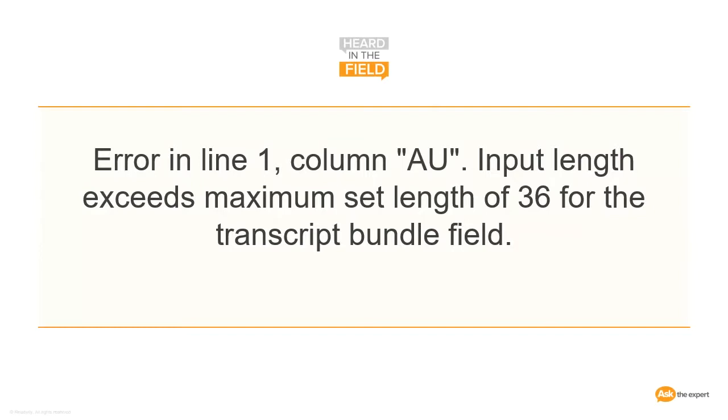For this reason, your transcript's file name, including the extension, must be below or at 36 characters. Depending on the version of the transcripts application and Relativity that you're using, this may no longer be an issue, but we still do get calls for this. You can check the transcript bundle field in your environment to know your limitations.